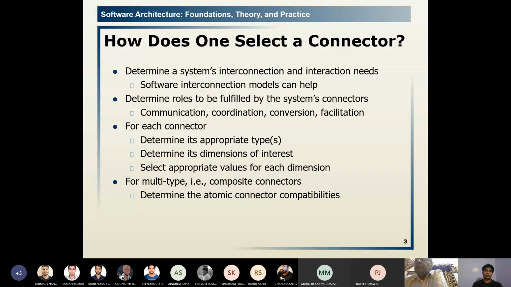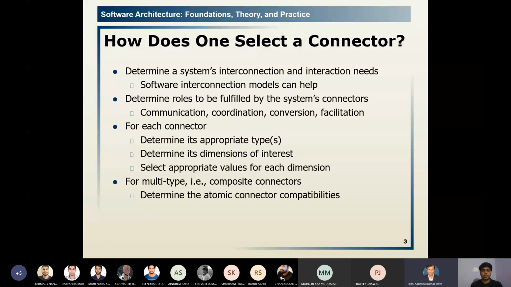For each connector, we have to determine its appropriate type. What type of connector out of 8 you have to decide: the RPC connector, the distributor connector, or the adapter connector. Then determine its dimension of interest. There were two columns, the dimension and the subdimensions. Then select the appropriate values of each dimension.